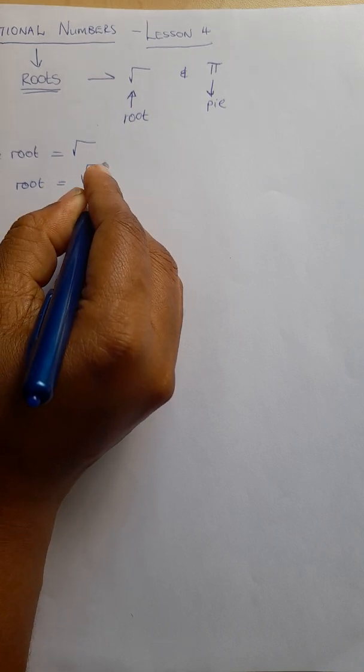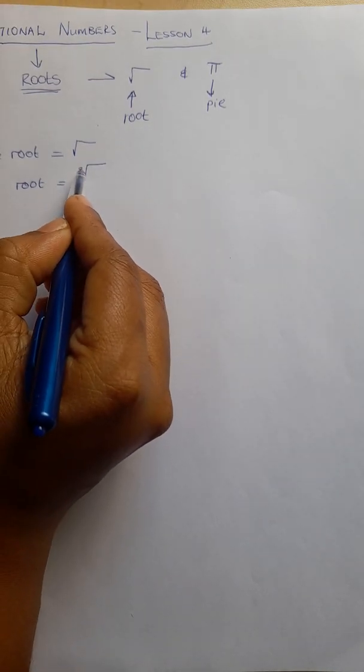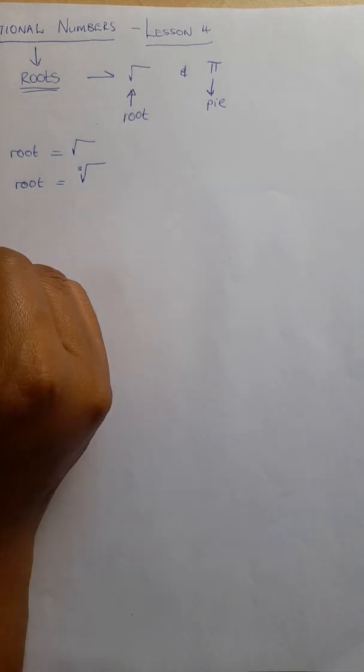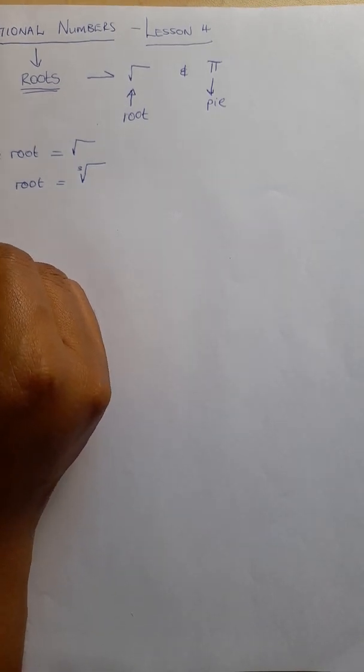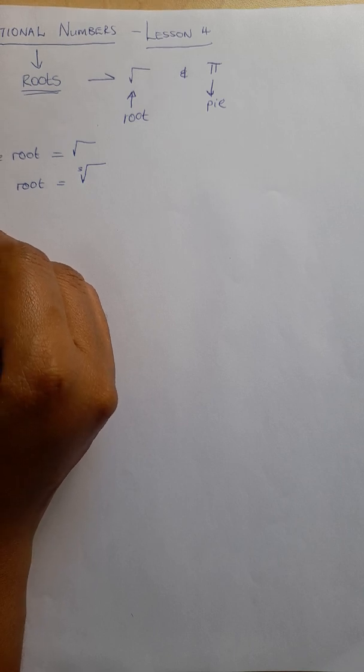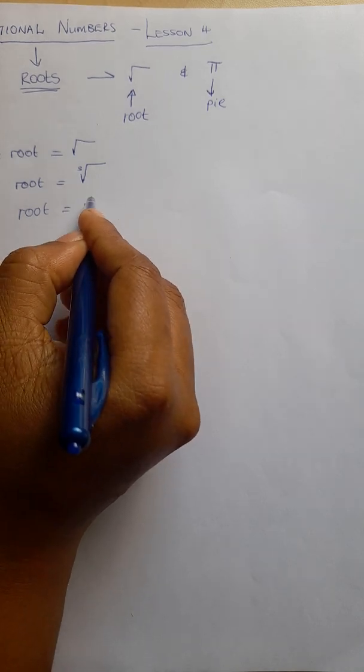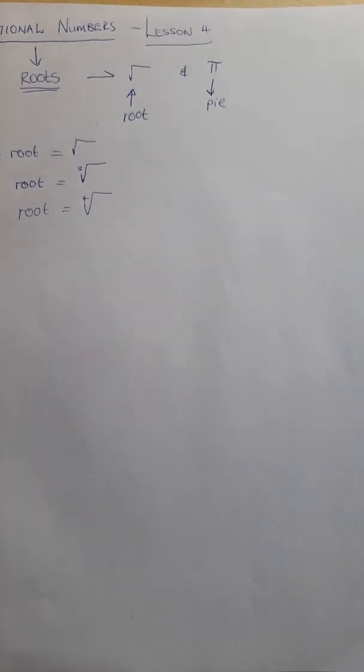You will write it like this, and you will have a 3 outside. That is a cube root. And we can continue and have so many roots. A fourth root will have a 4 outside. So these are the roots.